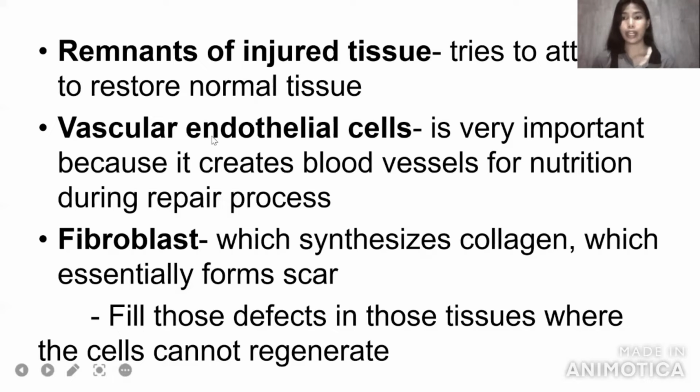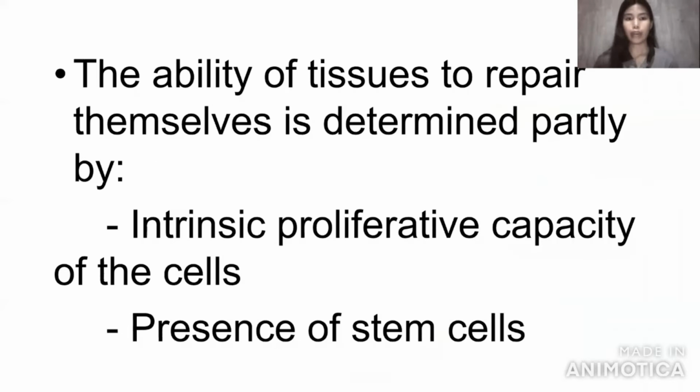Second is the vascular endothelial cells. This is very important because it creates blood vessels for nutrition during the repair process. Third is the fibroblasts, which synthesize collagen, which essentially forms scar. The ability of tissues to repair themselves is determined partly by the intrinsic proliferative capacity of the cells and the presence of stem cells.